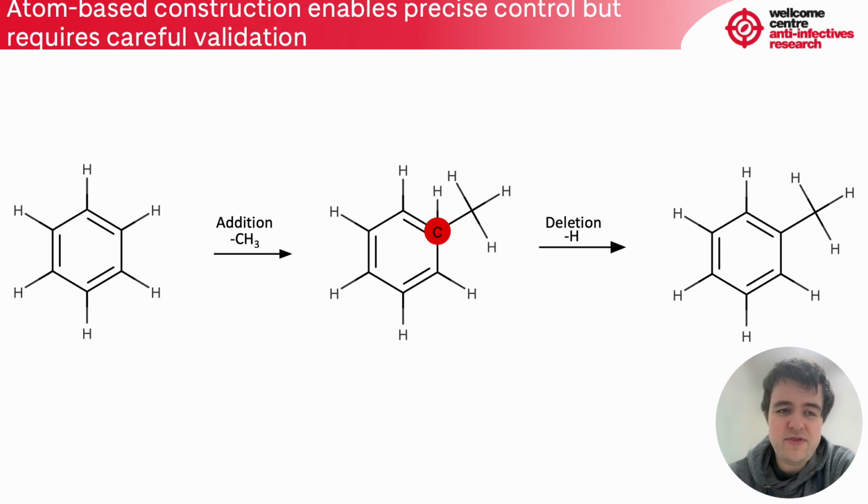An example of this is that we can take benzene, and if we wanted to add a single carbon to that benzene, and I have included all the explicit hydrogens, we can see that if we just added the methyl directly, one problem is that this carbon would now have more than 4 bonds. It would have 5 bonds, 1, 2, 3, 4, 5. And what that would mean is that it now has an incorrect valence. So naturally, we would have to delete a hydrogen to be able to then form methylbenzene here.